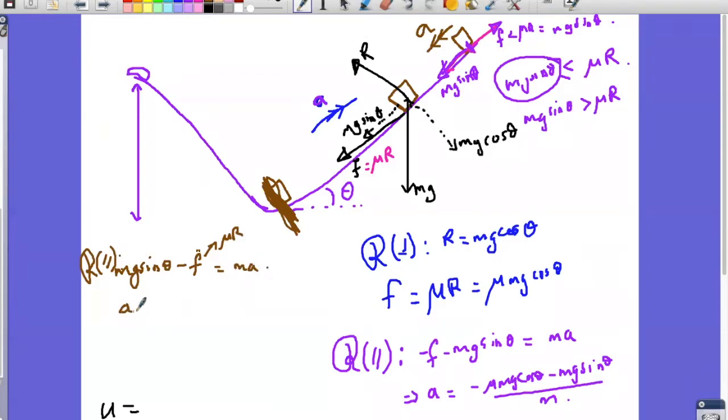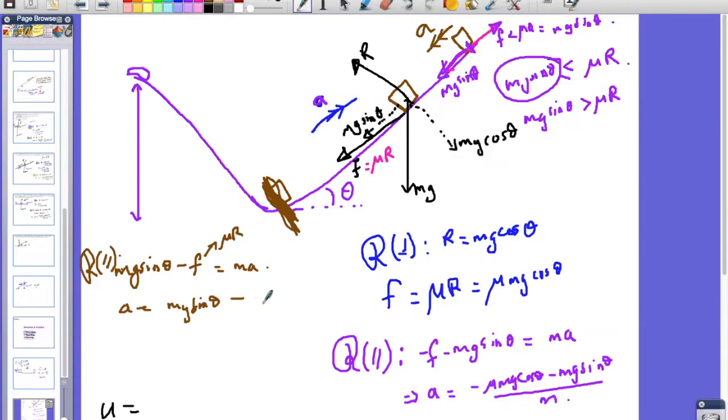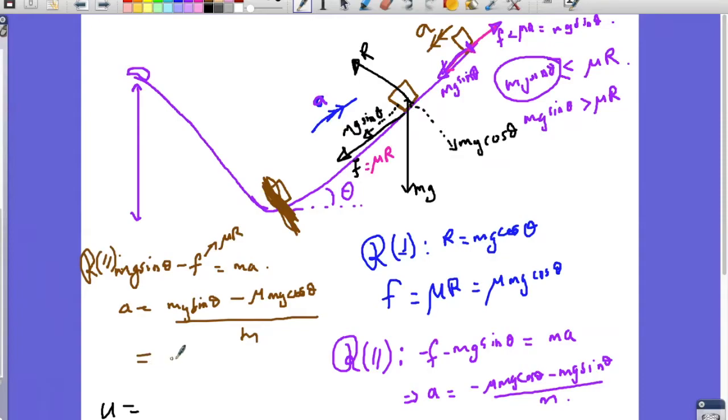And so you can find the acceleration downwards, which is mg sin theta minus mu mg cos theta over m. So your acceleration will be g into sin theta minus mu cos theta.